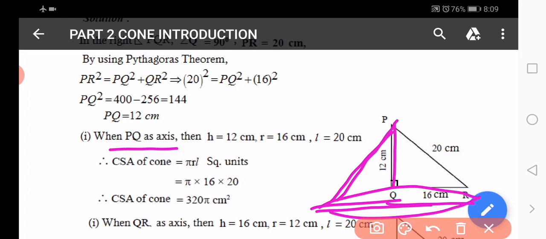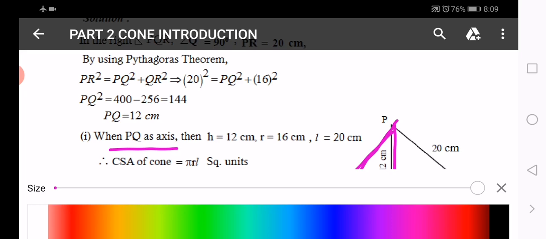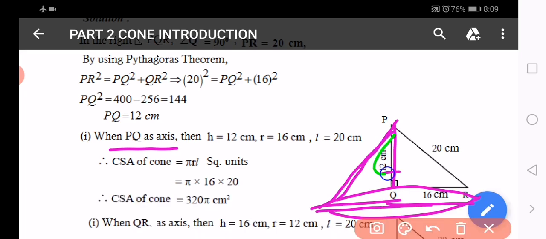Here, what is h, what is r, what is l? In the cone, height is equal to 12 centimeter. Which one is radius? With PQ as axis, PQ equal to 12 centimeter, therefore height is 12 centimeter.